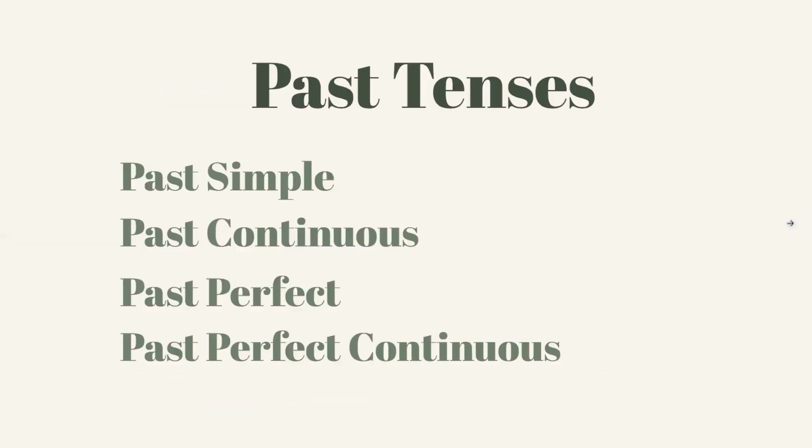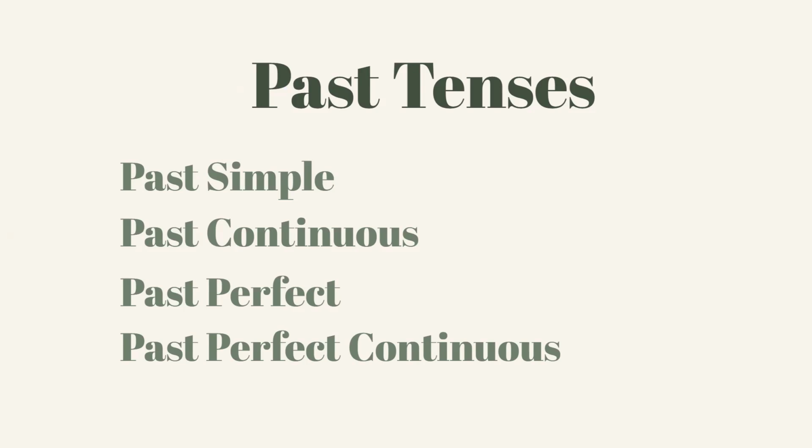So that was all for our present tenses, and we will be going on with our past tenses. When we want to explain the things that happened in the past, we will be forming our sentences with the past tense.